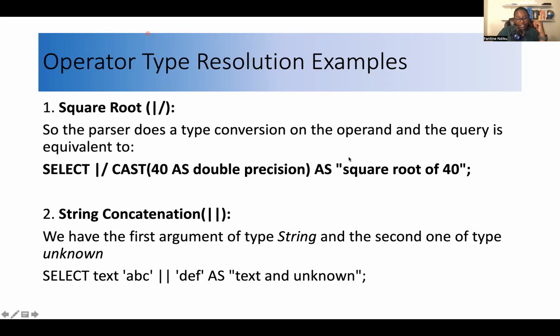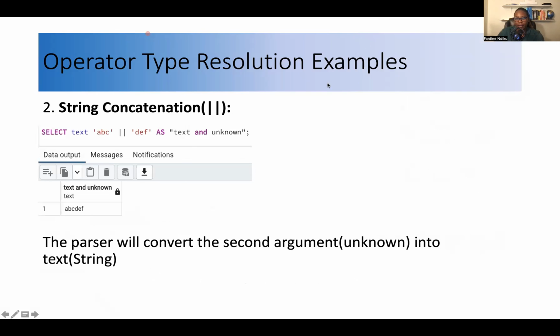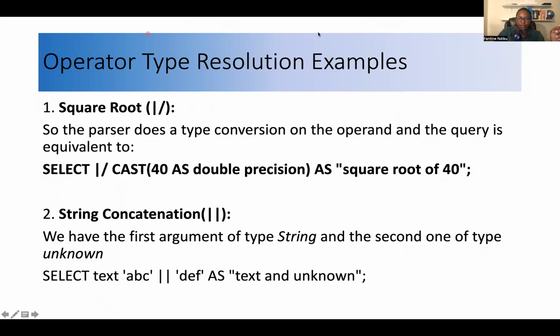The second example is a string concatenation. This is the string concatenation symbol. We have the first argument of the type string. Let me show you. This is the concatenation operator, and here we have a text, which is a string.